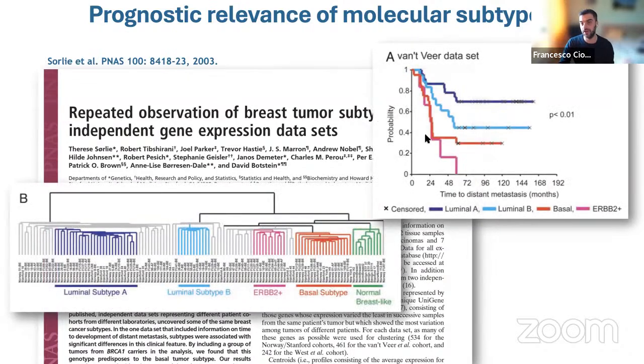If you start doing molecular analysis, and this is called molecular subtypes for breast cancer, you can further stratify these into different subgroups. And these subgroups, you see, also have different prognosis. And actually, so this is a bit of an old paper from 2003. At that time, this one, which is now called HER2 positive, was the one with the worst prognosis. Now there is a targeted therapy for this type of patient.